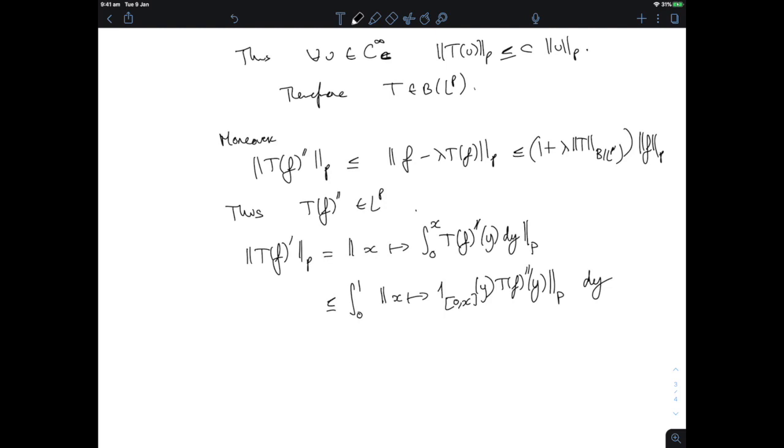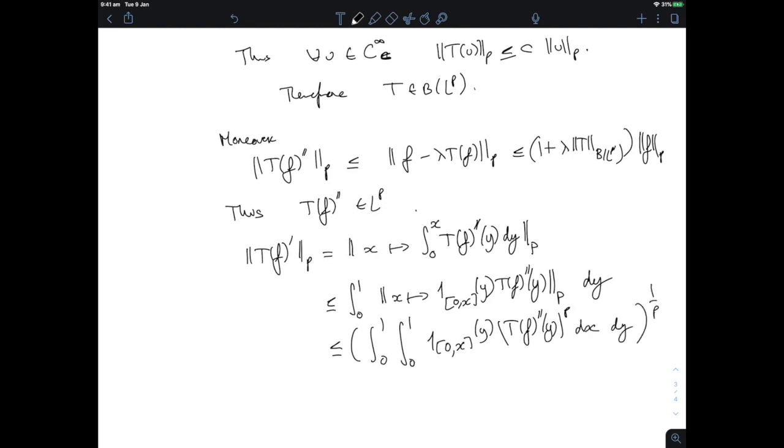Now, I can use Hölder and control that by the Lp norm of this integral in y, and so I get the integral from 0 to 1, the integral from 0 to 1, the indicator function 0x of y, the Tf second of y raised to the power p, and then this is dx, and then this is dy.